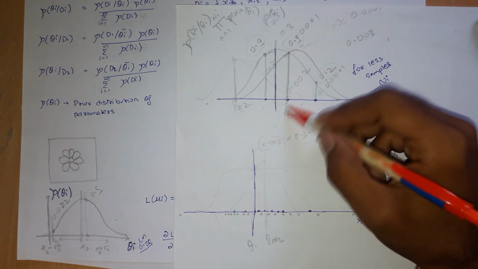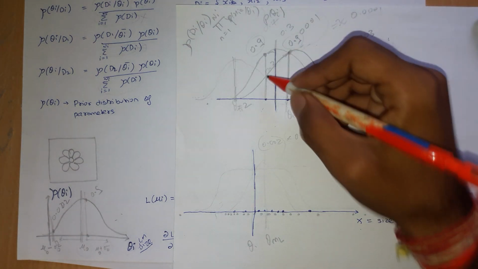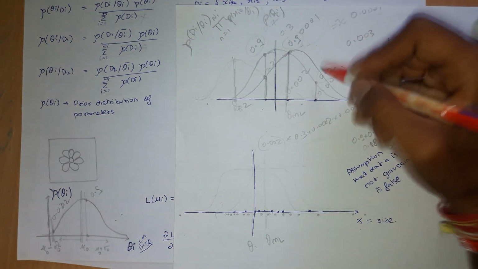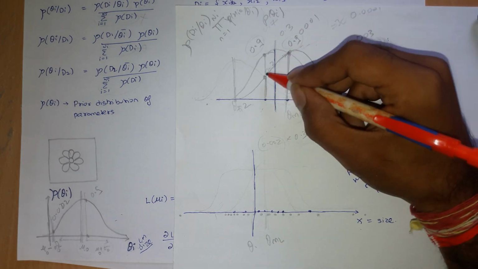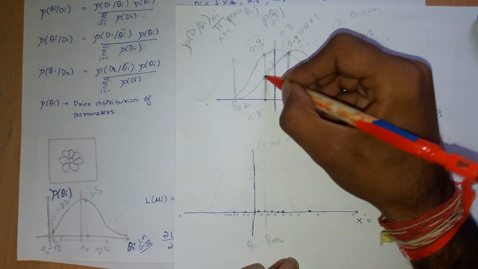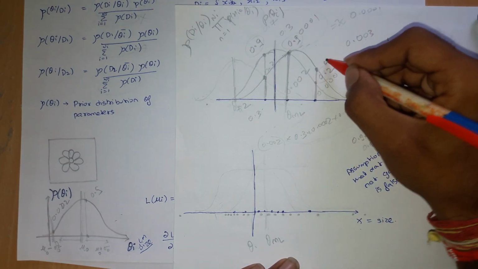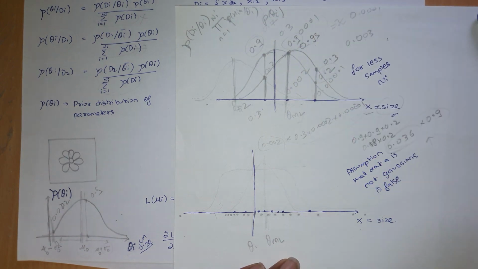So actually for theta ML this would have been the maximum, because then the probabilities over here would have been multiplied. So say this probability is 0.3, this is also 0.3, and this is 0.95, suppose.